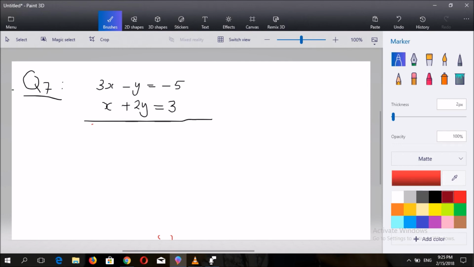Suppose that you are given this equation which involves the multiplication of two mathematical terms on one side, and on the other side of the equation this is equal to 0. If you are given a question like this, then the only way by which this equation is satisfied is this condition.